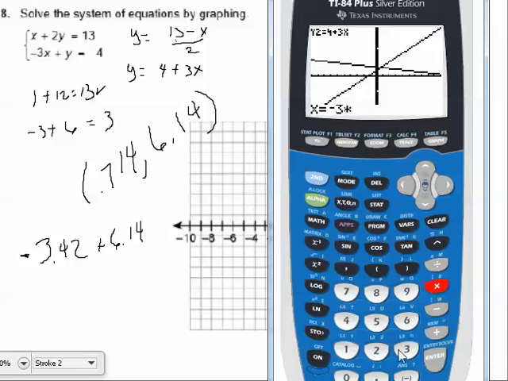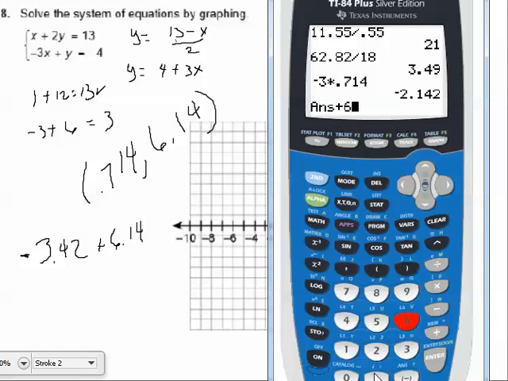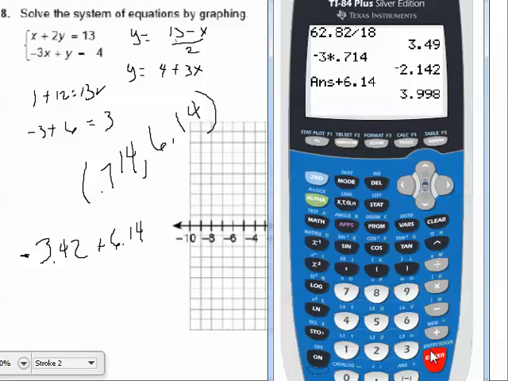Clear. Okay, let's try again. Negative 3 times 0.714 plus 6.14. It's right at 4. Okay, that's better.